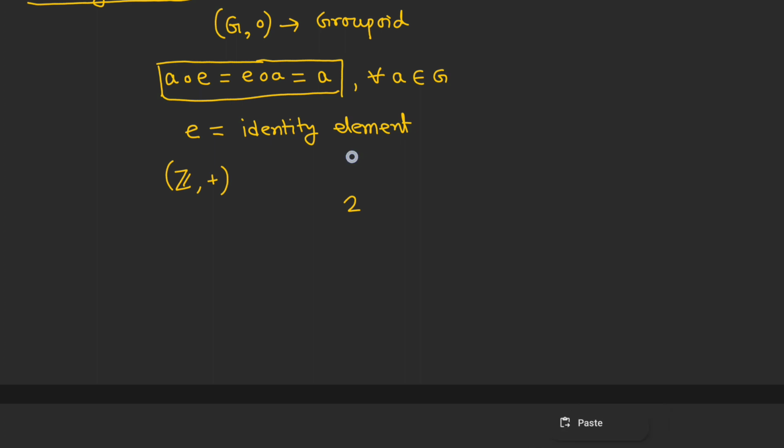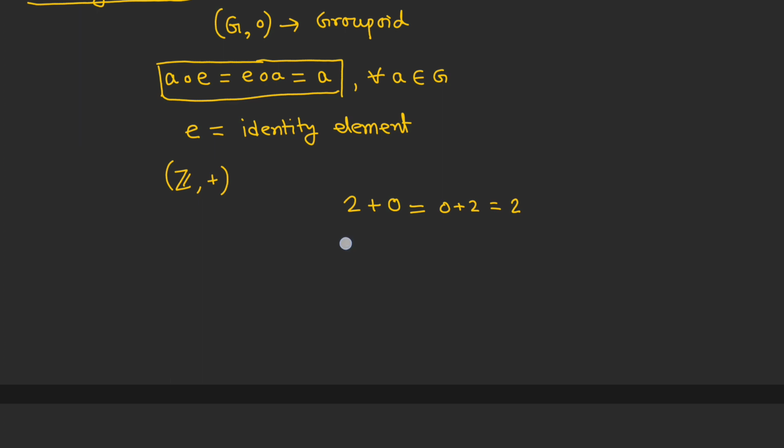Now you have to find an element that you can add to 2 and get the result 2. Is it possible? Obviously possible. There is the element 0. So 2 plus 0, or in another form 0 plus 2, in both directions you are getting the result 2.